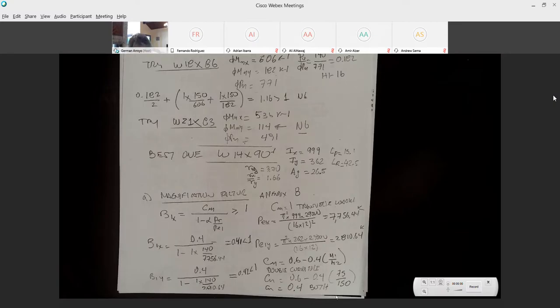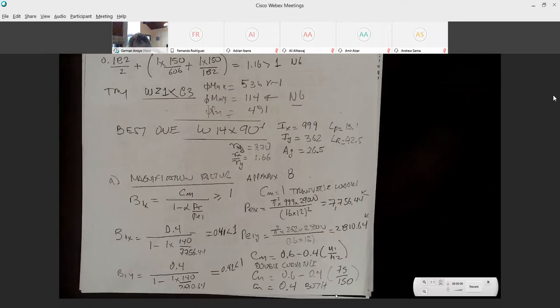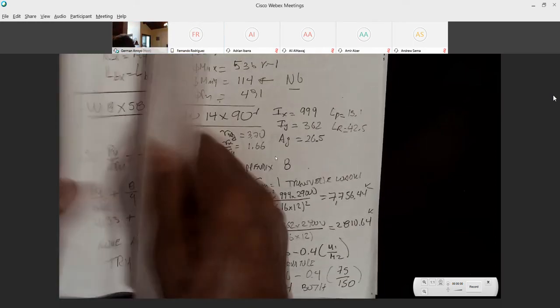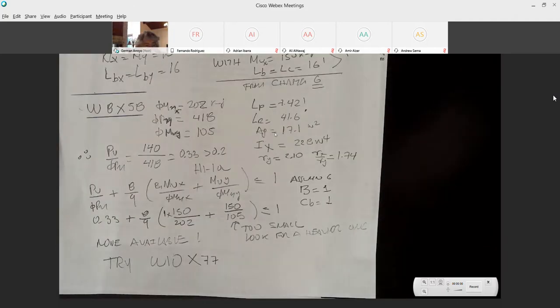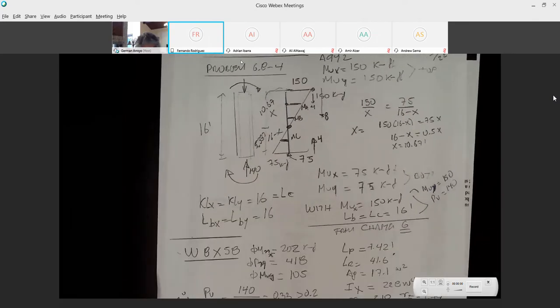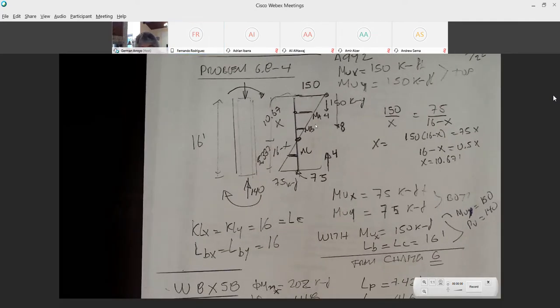I had done in here for both 0.6 minus 0.4. In our case, it is reverse curvature for both of them. So the ratio between the smaller, 75, and the larger, 150.